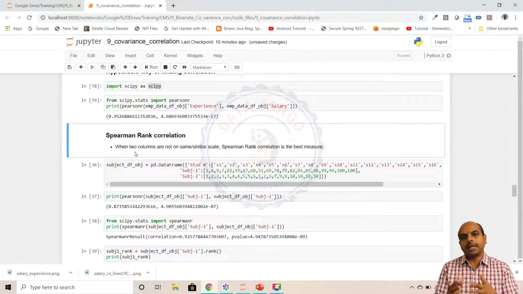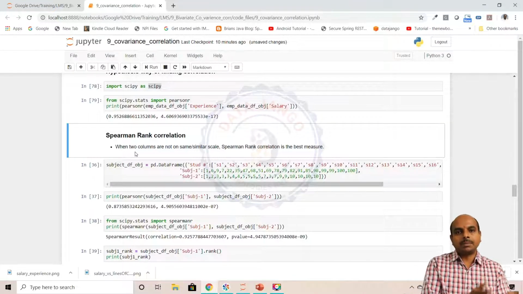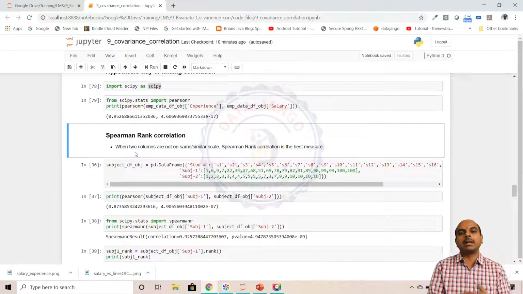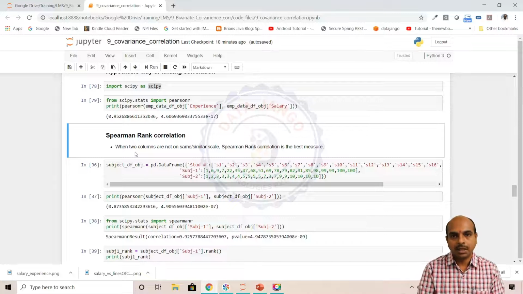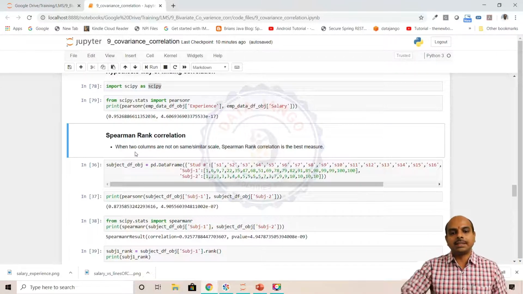But take another example. Two subjects were there. One subject was conducted for 100 marks, the maximum is 100 marks, and the second subject is conducted for only 10 marks. In the first subject, the marks are going to be between 0 and 100. In the second subject, the marks are going to be between 0 and 10.